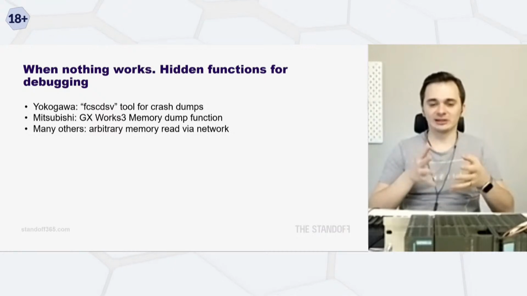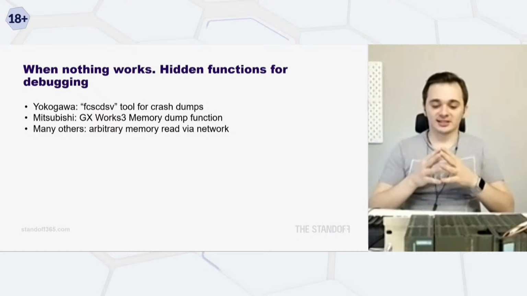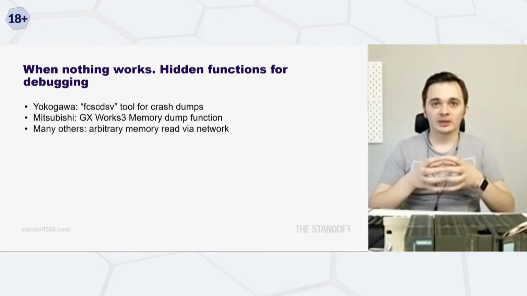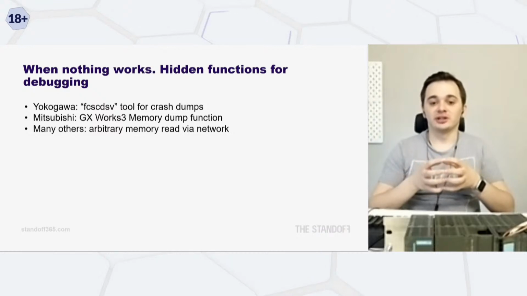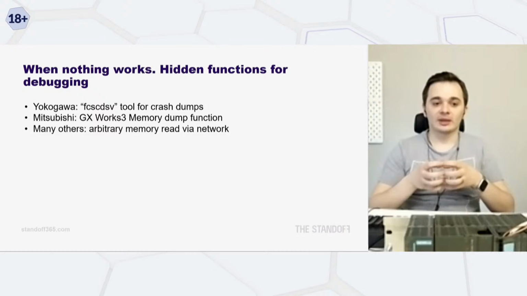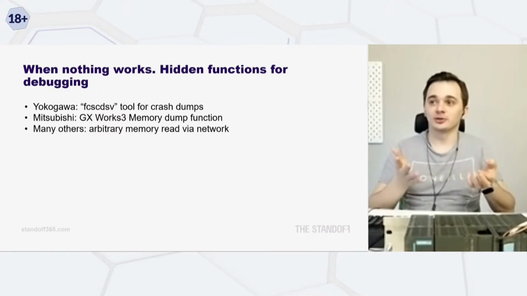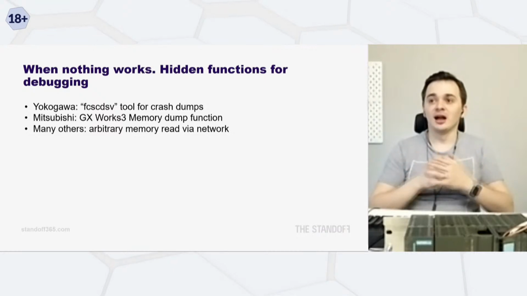Different vendors have different hidden functions. In case of Yokogawa, we found a special crash dump utility. Yokogawa engineers might want to have it to analyze failures of the controllers.